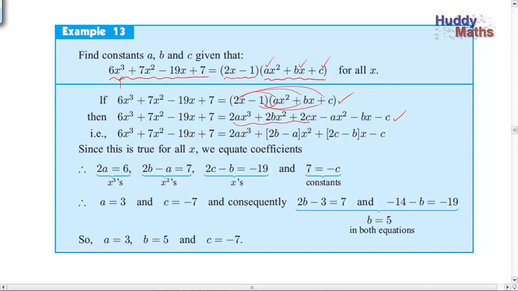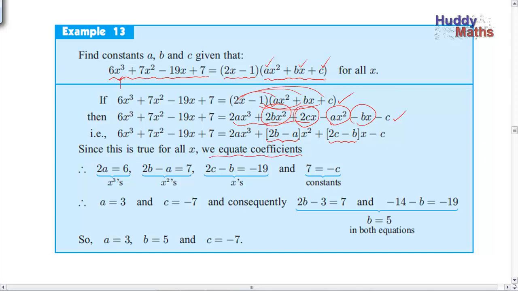So we see some here, 2bx squared, neg ax squared. So the overall x squared term from the right-hand side expanded is 2b take a lots of that. Now let's have a look at the x's here, 2cx take bx, so we've got 2c take b lots of x take c. Now if these two are going to be equal, then we can equate coefficients.